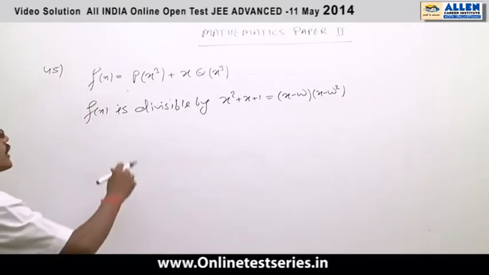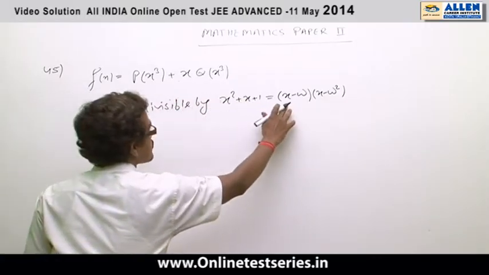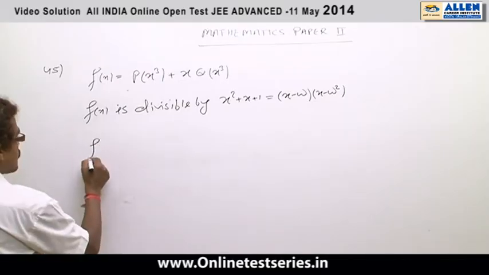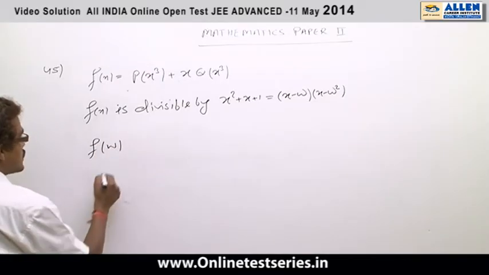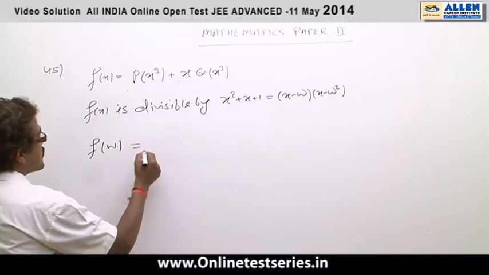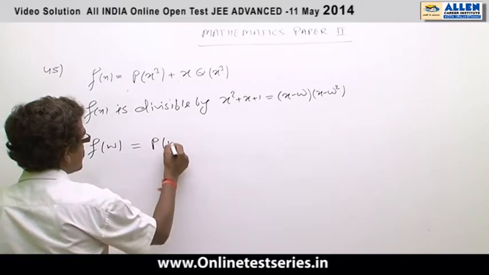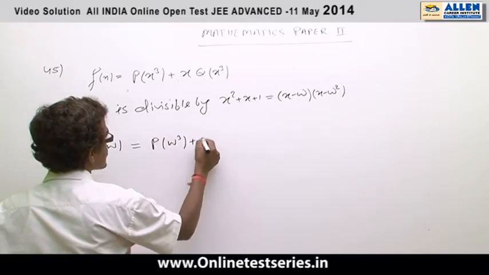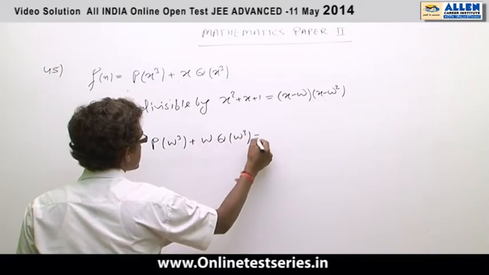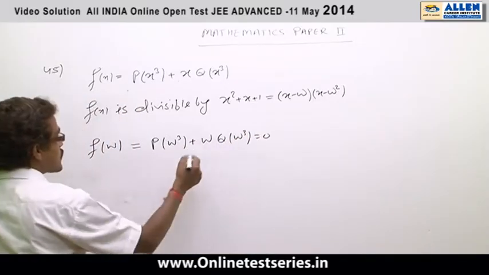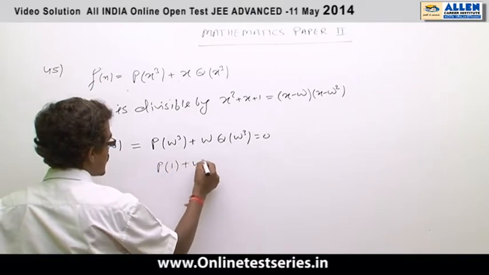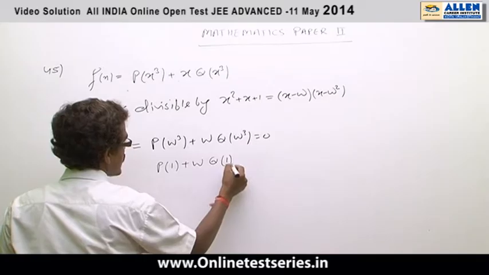So if f(x) is divisible by x minus omega and x minus omega square, we know that f of omega should be equal to 0, as well as f of omega square equal to 0. So f of omega will be equal to p of omega cube plus omega times q of omega cube equals 0, and because omega cube is equal to 1, we can conclude that p of 1 plus omega q of 1 equals 0.